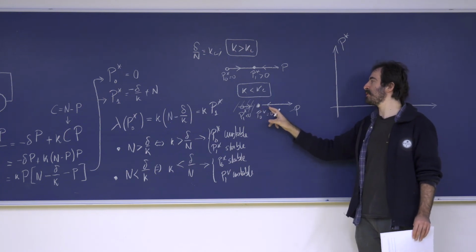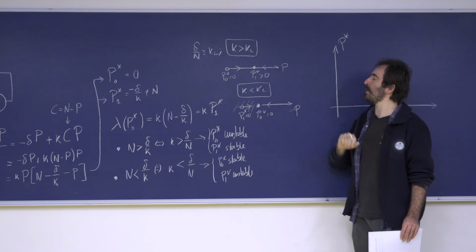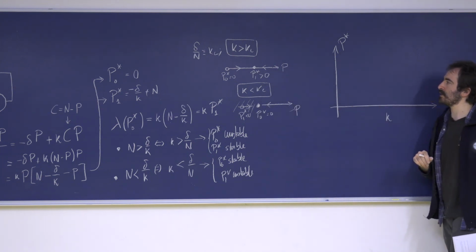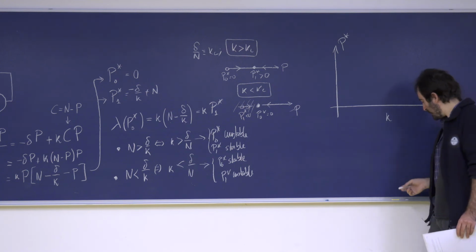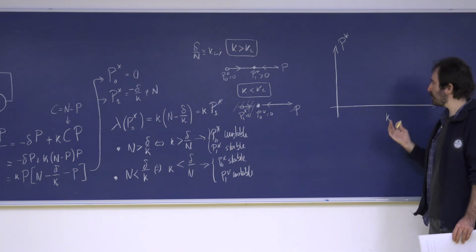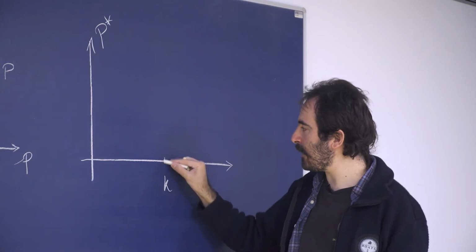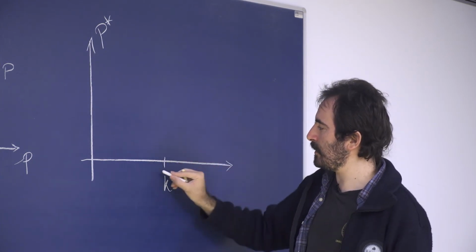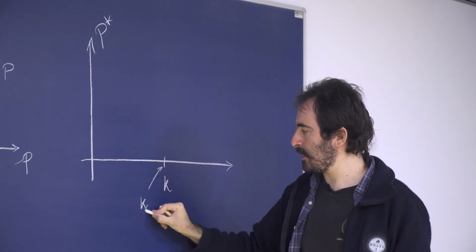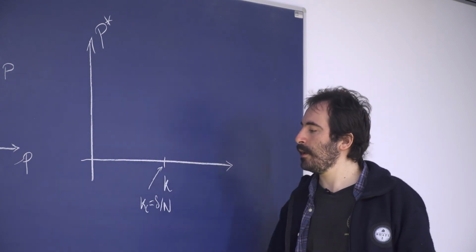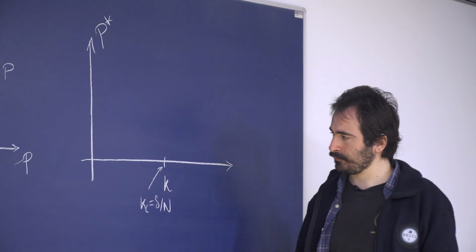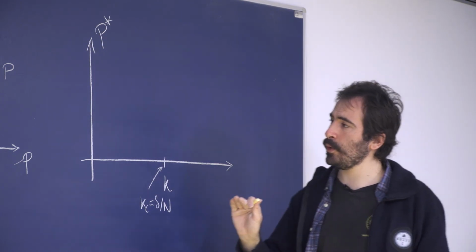It's going to attain a positive value, and actually it's going to jump to this other state, the state where P1 is the actual stable fixed point. So very simply, thanks to this critical value of k, which I'm writing here, so this is going to be Kc. Remember, this is nothing but delta over total number of monomers in the system. There's going to be two regimes.